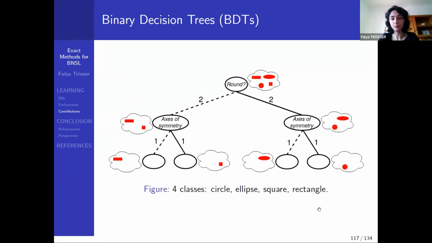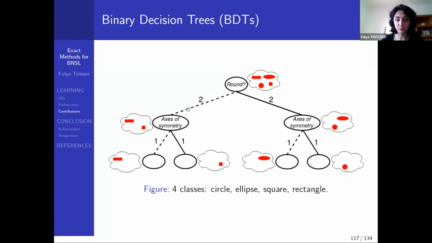So we use binary decision trees to represent the domains of the variables. The binary decision tree is a data structure which can be used for classification, and each node corresponds to a criterion with respect to which we classify a set of elements. Each branch leaving the node indicates if the elements fulfill this criterion or not.